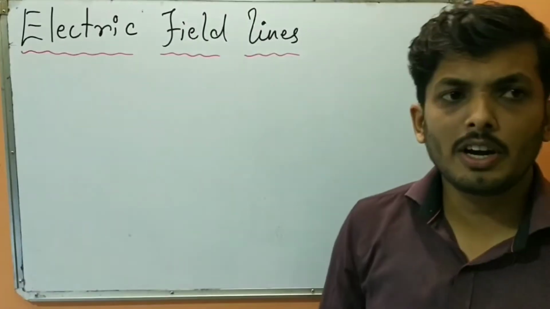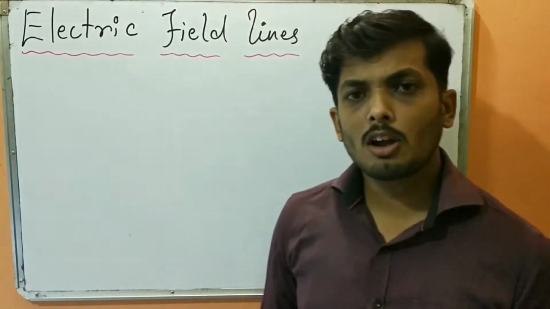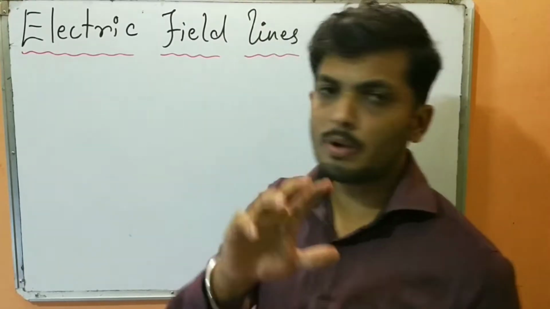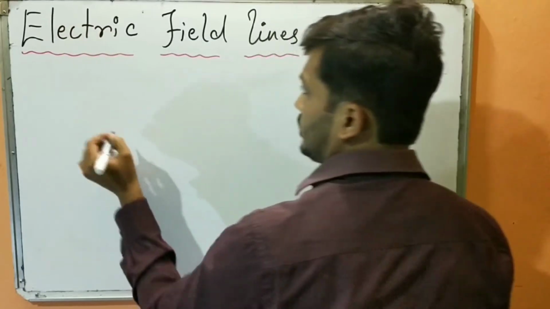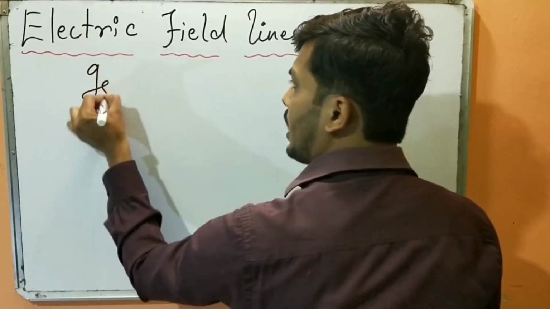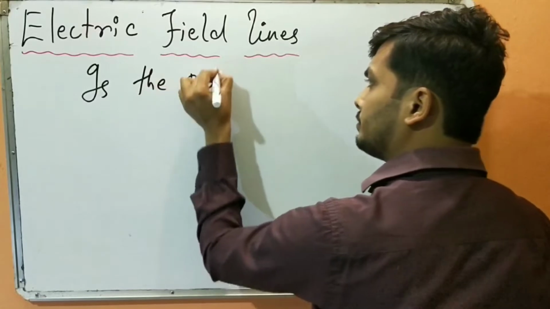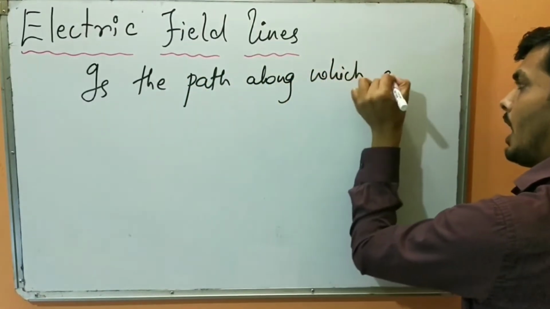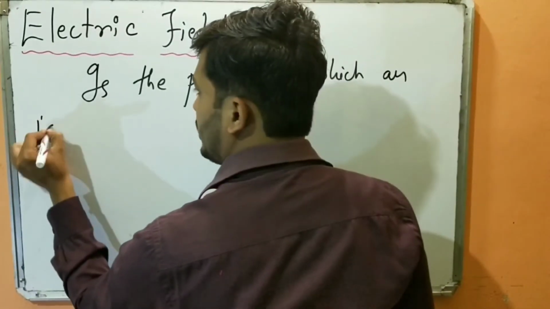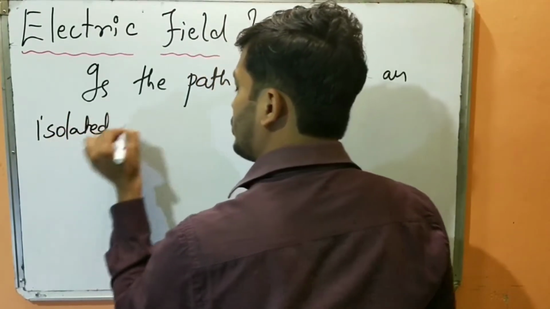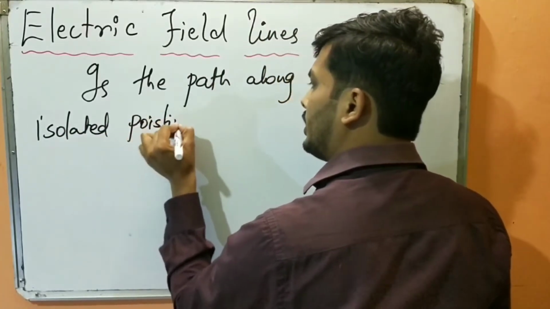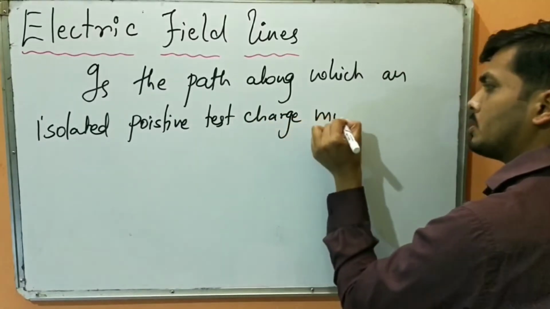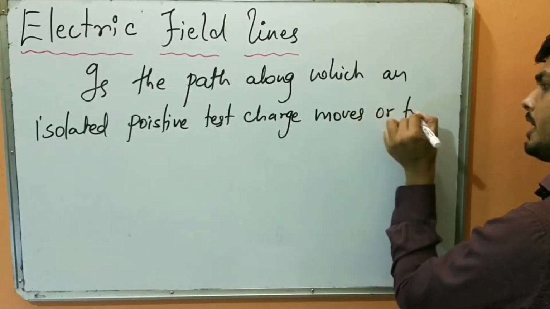So what are electric field lines? Electric field lines are the path along which an isolated positive test charge moves or tends to move. Let me write it: electric field lines is the path along which an isolated positive test charge moves or tends to move.